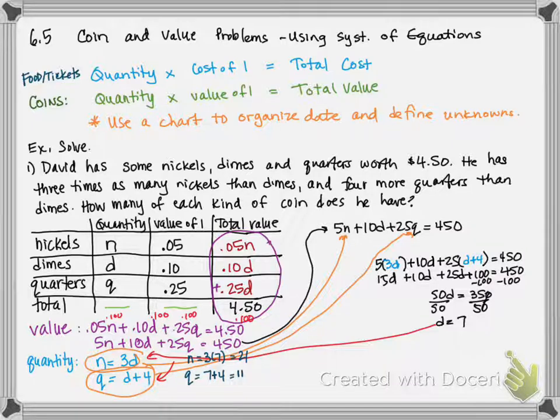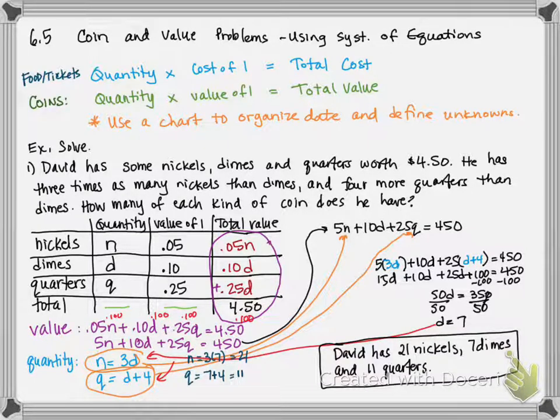So we're going to put those together in a sentence, and we're going to say David has 21 nickels, nickels not pickles, 7 dimes, and 11 quarters. And that's that.